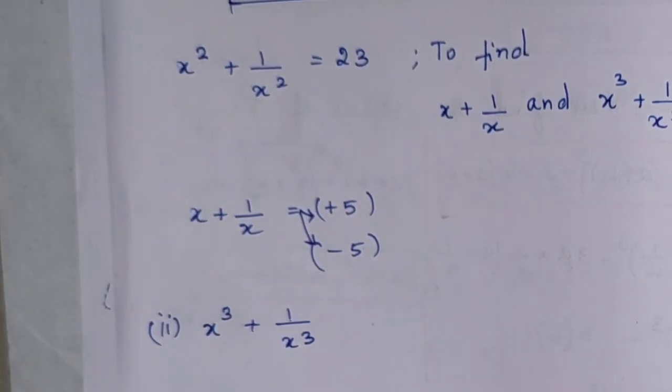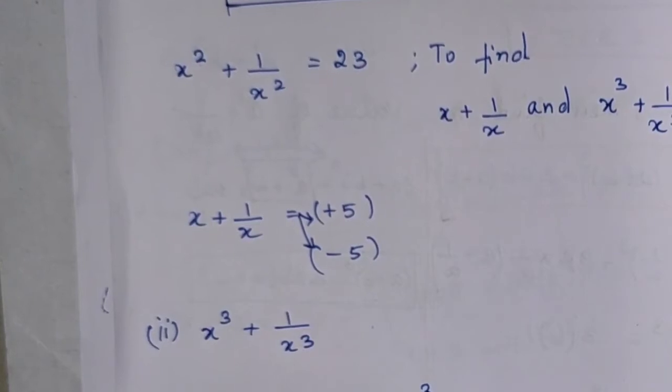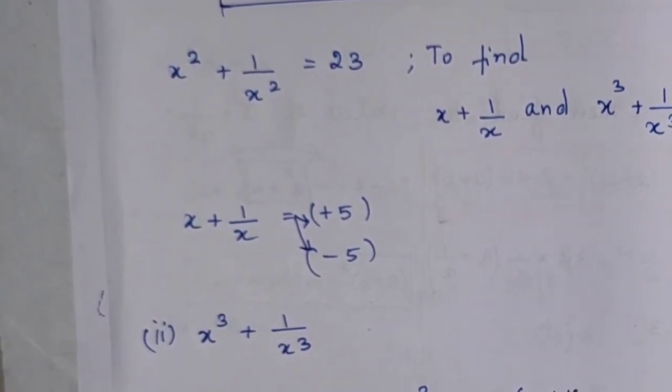In the previous question we have learned the formula, right? So a cube plus b cube is equal to a plus b the whole cube minus 3ab into a plus b.